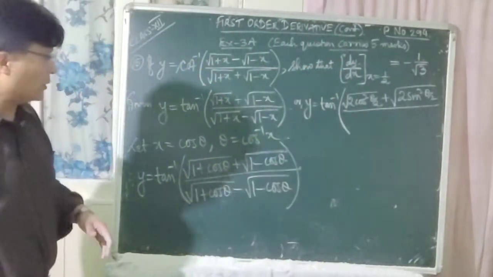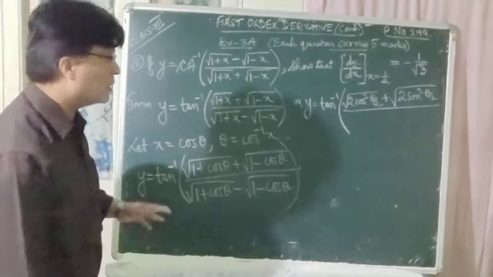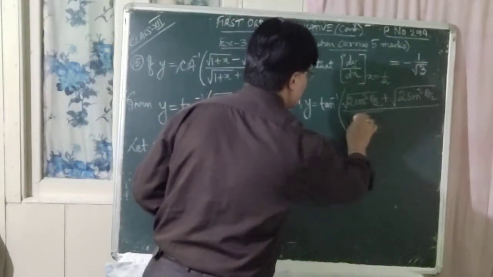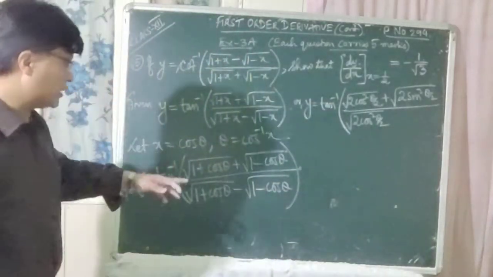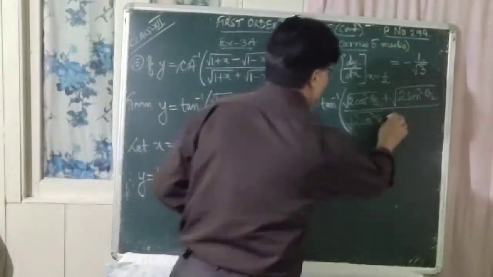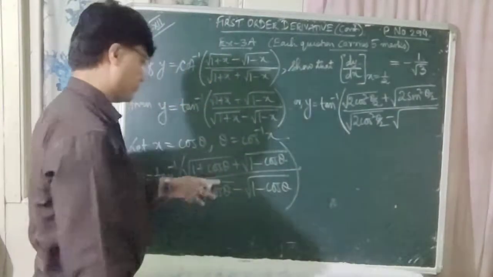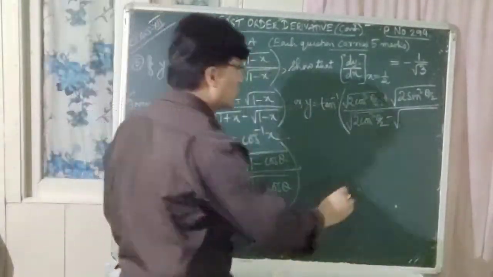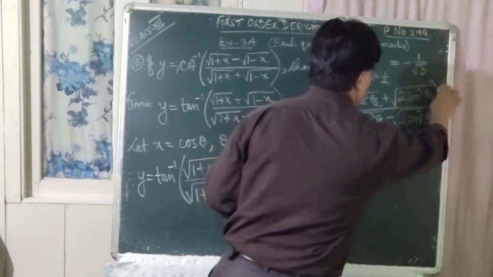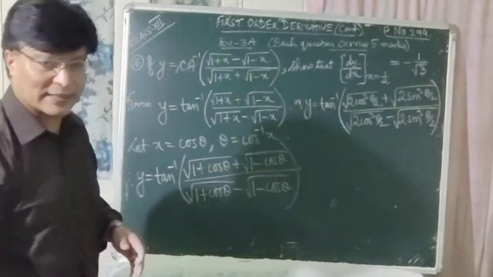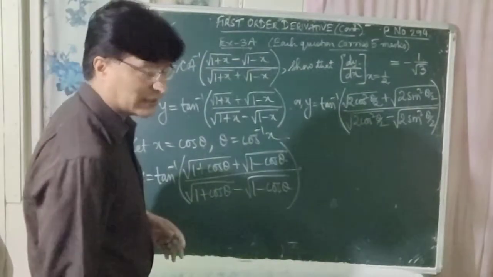Divided by, in the denominator, root over 1 plus cos theta, which is root over 2 cos square theta by 2, minus root over 1 minus cos theta, which is 2 sin square theta by 2. Is that clear? So let's simplify it again.